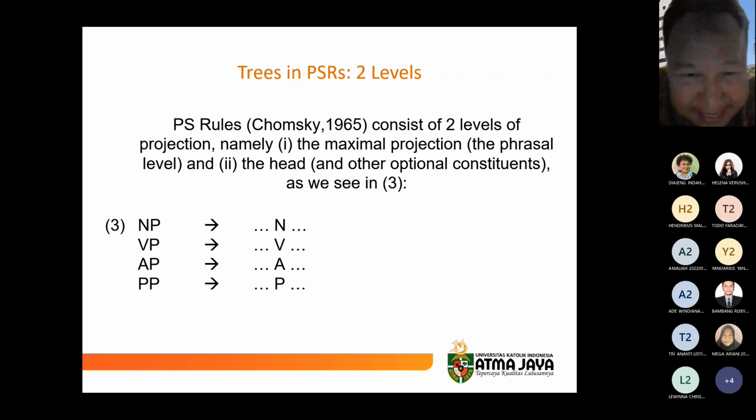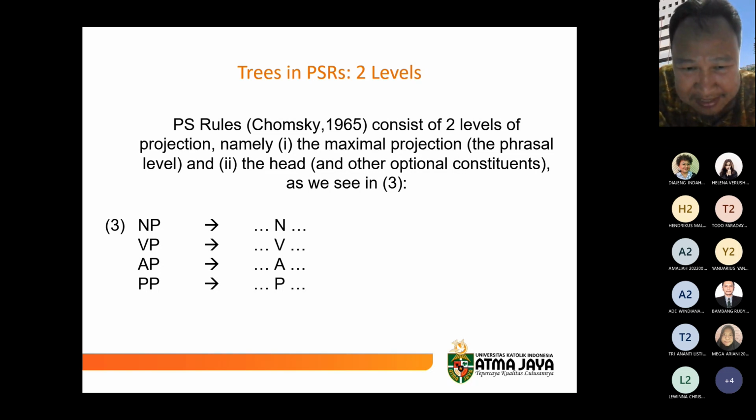So basically, phrase structure rules have two levels: the phrasal level, NP, VP, AP, PP, and the lexical level, consisting of the head word and other constituents.